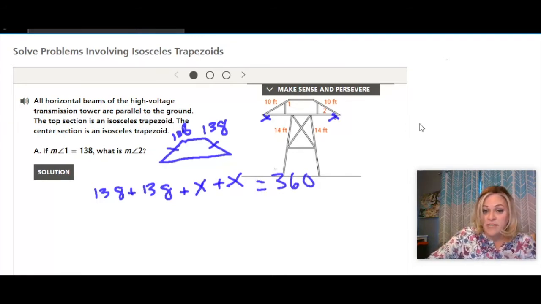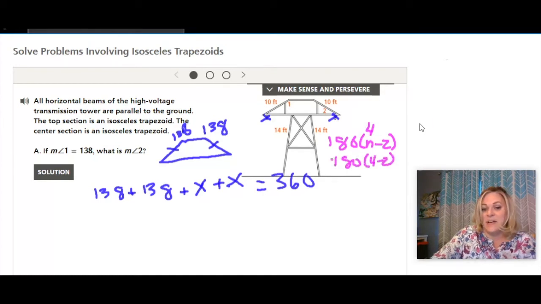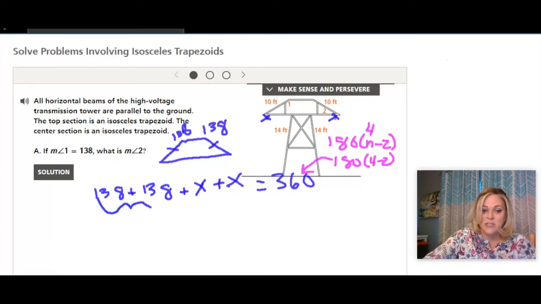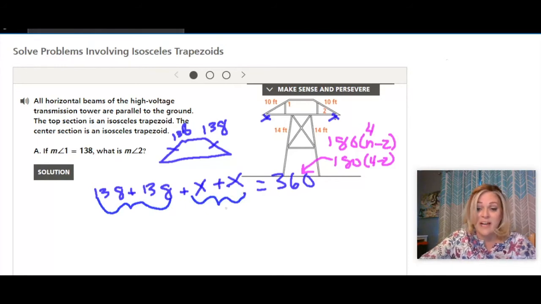If you didn't remember that it's 360, I'm going to squeeze this in right here: 180 times n minus 2, where you plug in the 4 because it's a 4-sided figure. So 180 times 4 minus 2, and that's how I got that 360. Once you calculate this out and combine like terms, I'm hoping that you can solve for x by yourself.